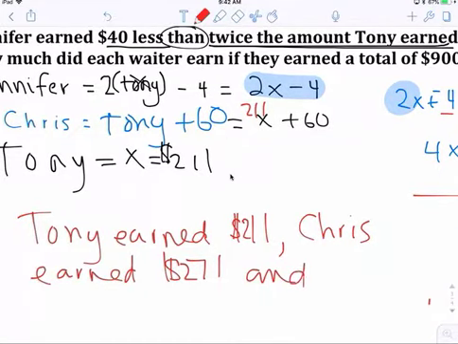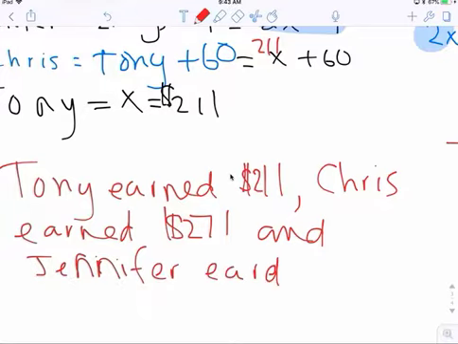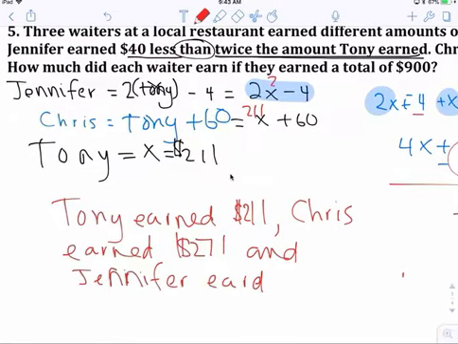And who's the last person? Jennifer. Jennifer earned 2 times 211, that's 422 minus 4. You guys figure 400 minus 4 is $418. Okay.